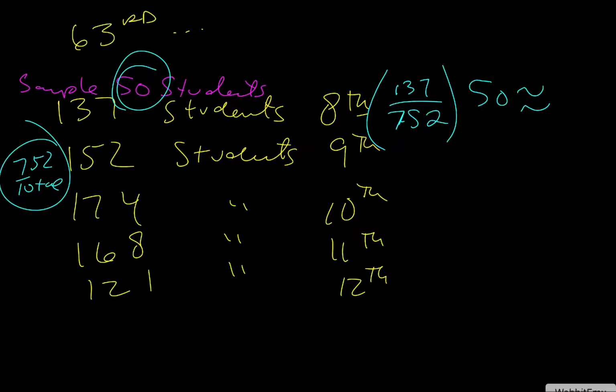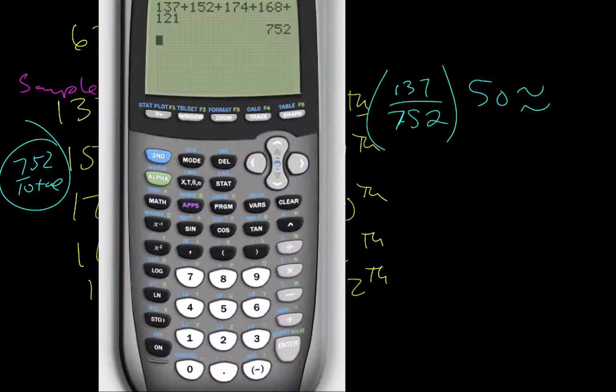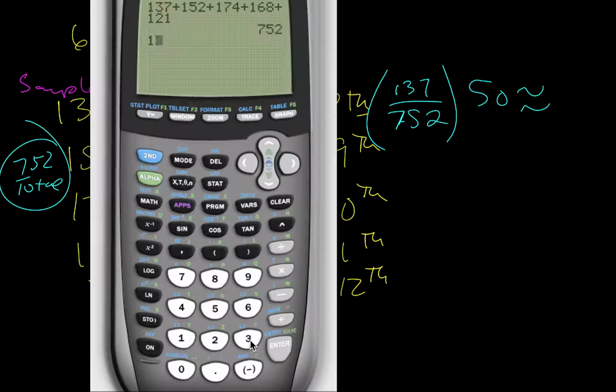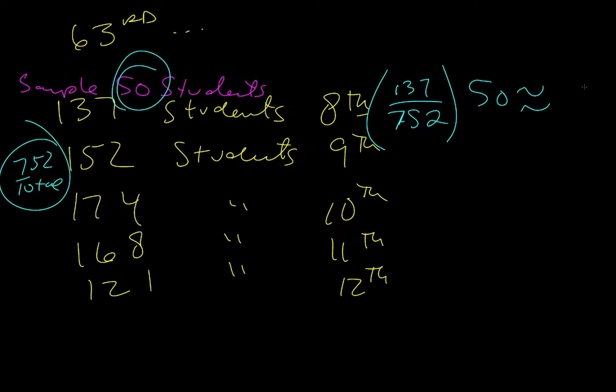And so we're going to go to our calculator. Now, I'm not going to go through and do every single piece of this on my calculator. I'm just going to show you this one. So 137 divided by 752 equals that, and then we times it by 50. And so that's 9.109, which is going to be closest to 9 students. Okay, I'll do one more with you.